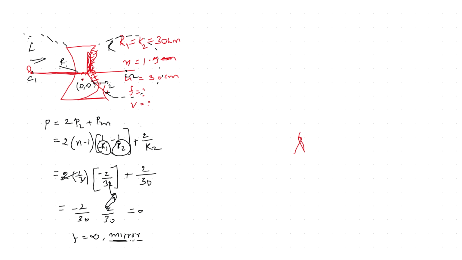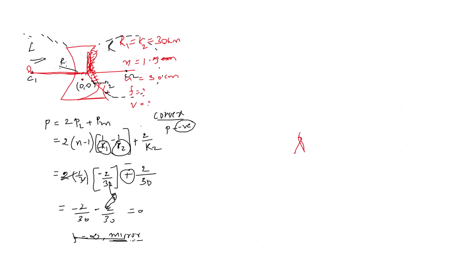The mirror is a convex mirror. Then power is negative, not positive. The power of the mirror is negative, so here you have to substitute the negative. So that is the mistake. So now, not 0. It is not correct.